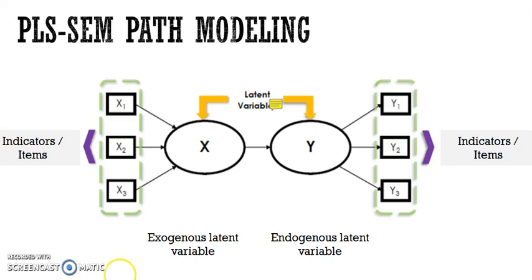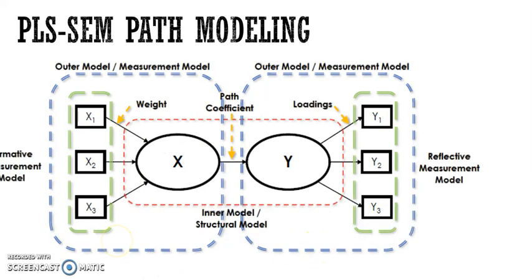There are also 2 types of latent variable, which we call exogenous latent variables and endogenous latent variables. Exogenous latent variables are independent variables, and endogenous latent variables are dependent variables. A PLS SEM path model consists of 2 elements.